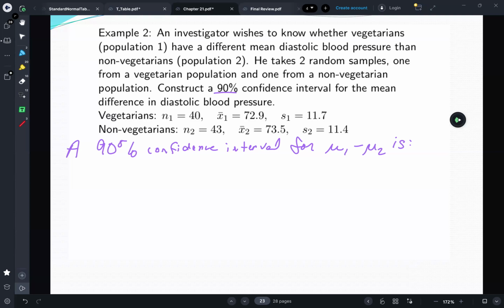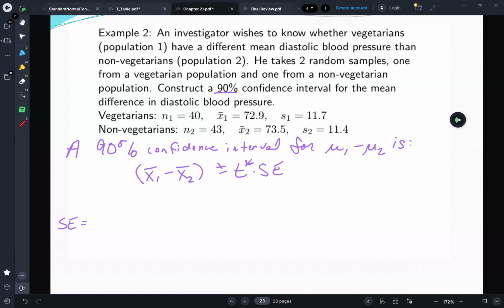All right, so again, I get it ready right here. X bar 1 subtract X bar 2 plus or minus t times our standard error. And I do the standard error over here.